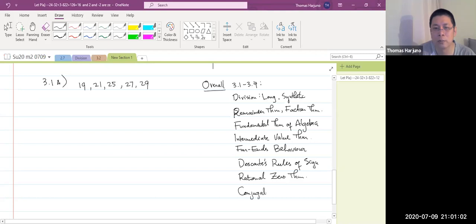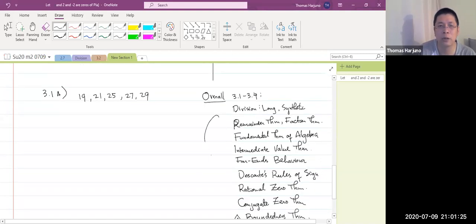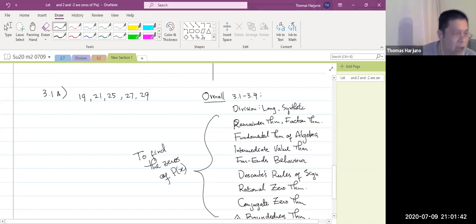Conjugate zero theorem, I may quote a little bit of the boundedness theorem. But all of these are actually being used to do only one thing, to find the zeros of P(x) when the degree is higher than 2.